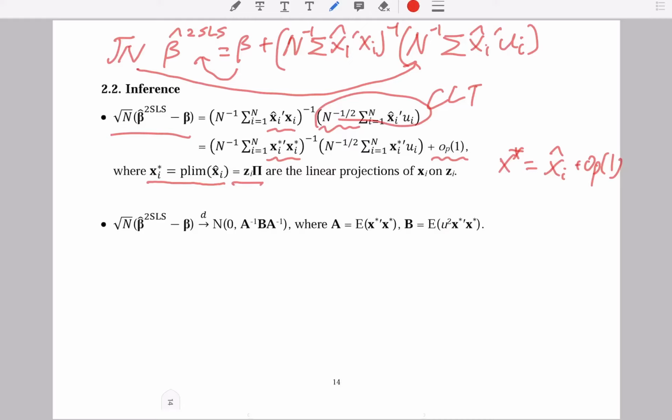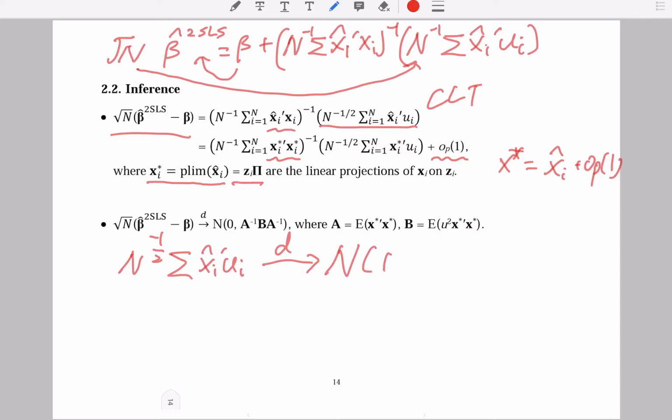To apply the central limit theorem to the second term, which is quite straightforward, we take n to the negative half times the summation of xi. By the central limit theorem, it will converge in distribution to a normal distribution with mean zero and variance xi star prime u.